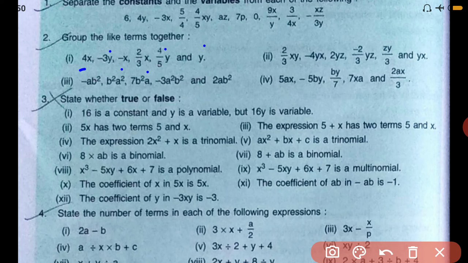So what is the first group of like terms? 4x, minus x and 2 upon 3x. Let me write it.